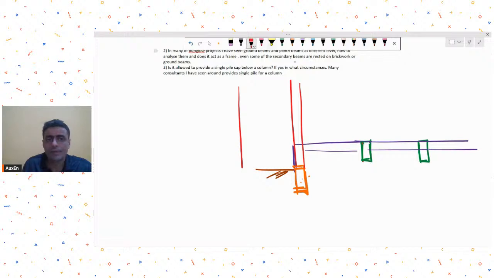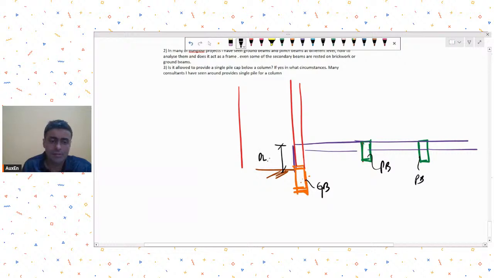I am calling this my plinth beam, and these are my ground beams. On the outer periphery is what you see over here, and this is my plinth height. So do we need to analyze them separately? How do we analyze?